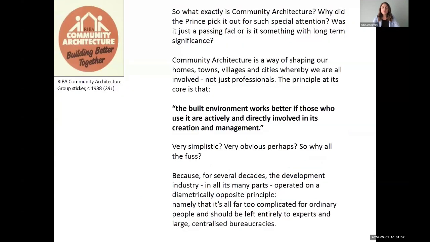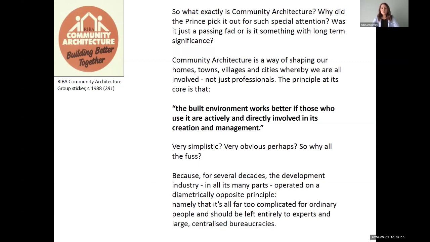So to understand what community architecture is, I can briefly explain that the built environment works better if those who use it are actively and directly involved in its creation and management.